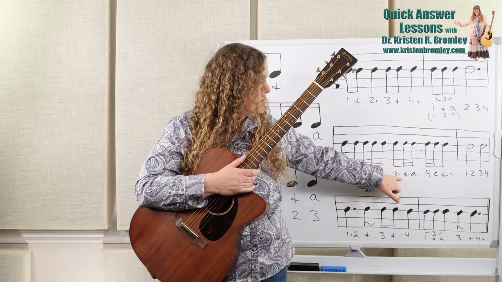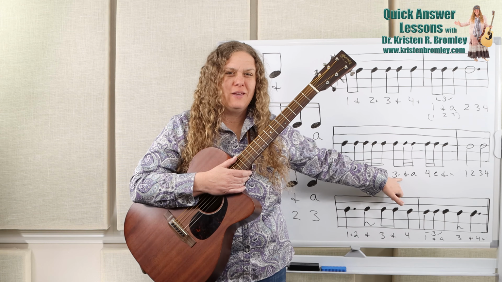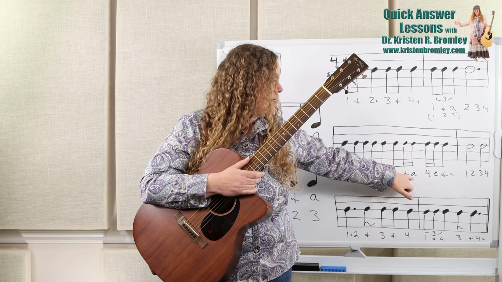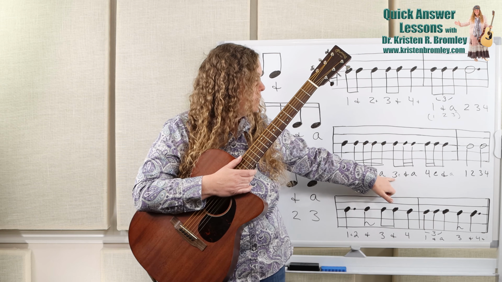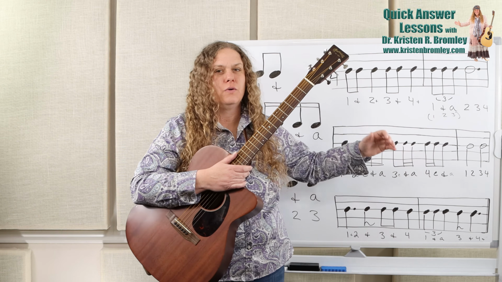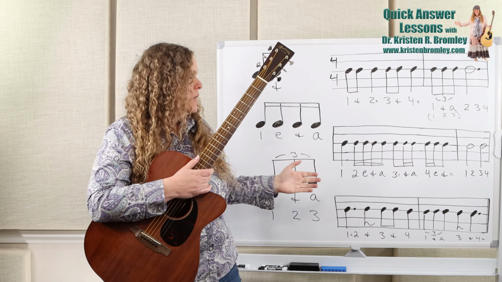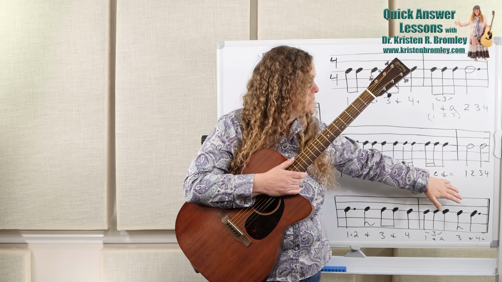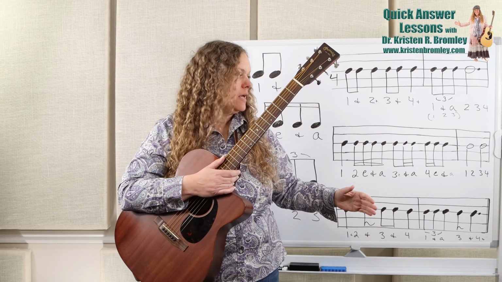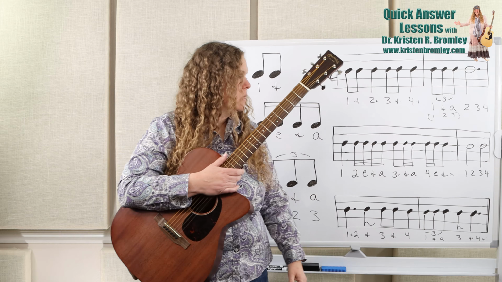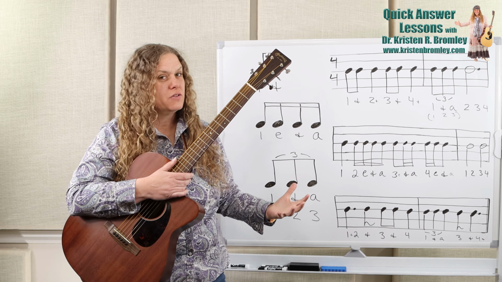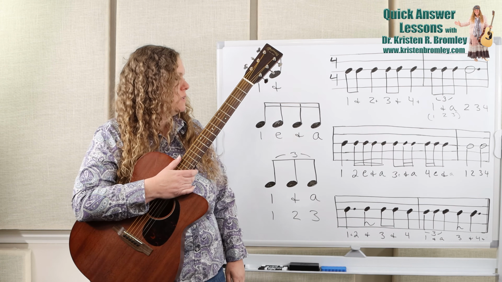So I can use the little subdivision, the E, if I want to help me keep track of where "and" comes. So I could go 3 E and, or I could go 3 and then I've got 4 E and, I could choose to go 4 E and even though this is an eighth note. So these are common rhythmic things that you'll see, and that's why I have it written here.